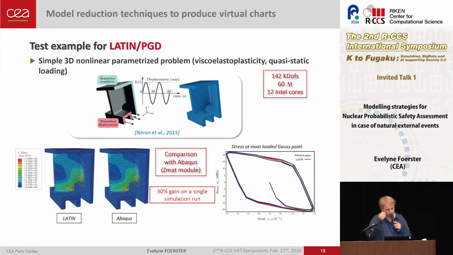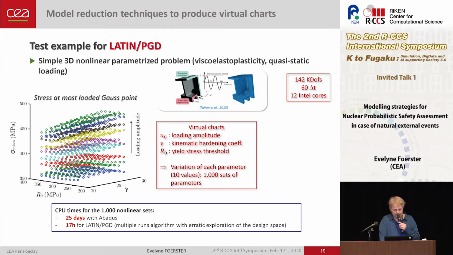So with this simple 3D nonlinear parameterized problem, which was in viscoelasticity with simple quasi-static loading, we were able to show that for comparison with the standard computation, we have a 30% gain already on the simulation run. So it's already interesting in itself without any parallel implementation.